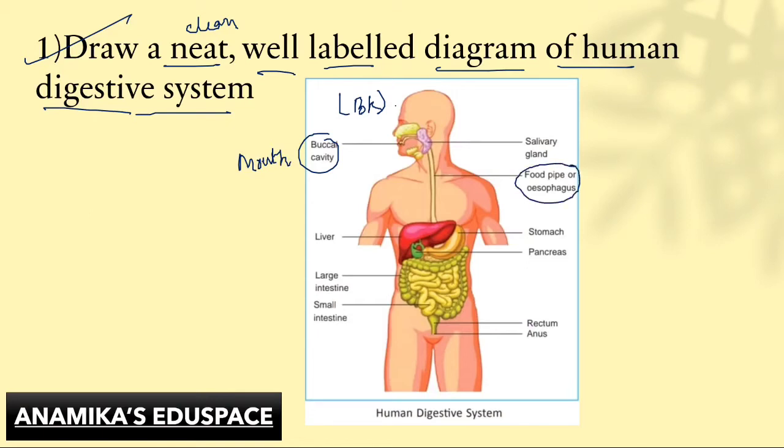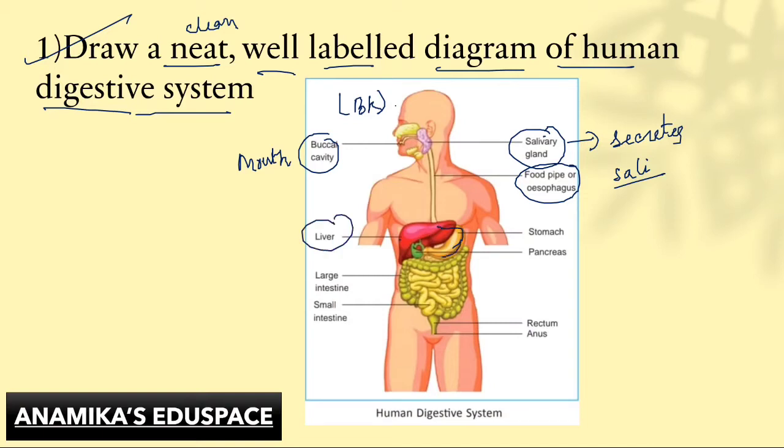So this one is your food pipe. Here all your salivary glands are present, which secrete the saliva, and along with the saliva they secrete the salivary enzyme, and the salivary enzyme acts on the food. Clear? Now this pipe goes on to the liver, then it goes directly to the stomach.